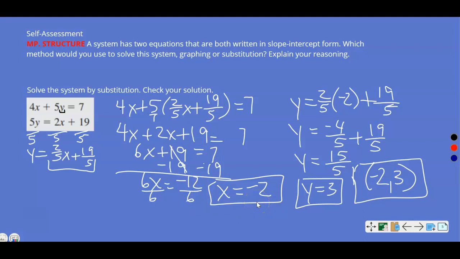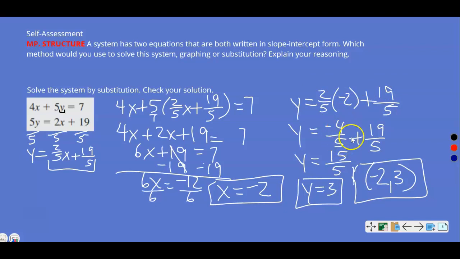And then I take -2 and plug it into either equation to solve for y. Since I already have y equals right here, I chose to plug it into this equation to make it the easiest. So y equals 2/5 times my x, which is -2, plus 19/5. Even though there's fractions here, 2 times -2 is -4/5.